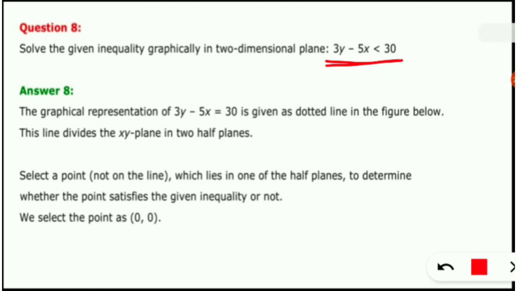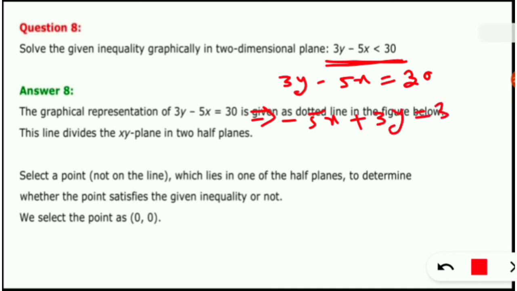That means this is thrice y minus 5x equal to 30. This is the inequality form and this is the equation form. So this can be written as minus 5x plus thrice y equal to 30.